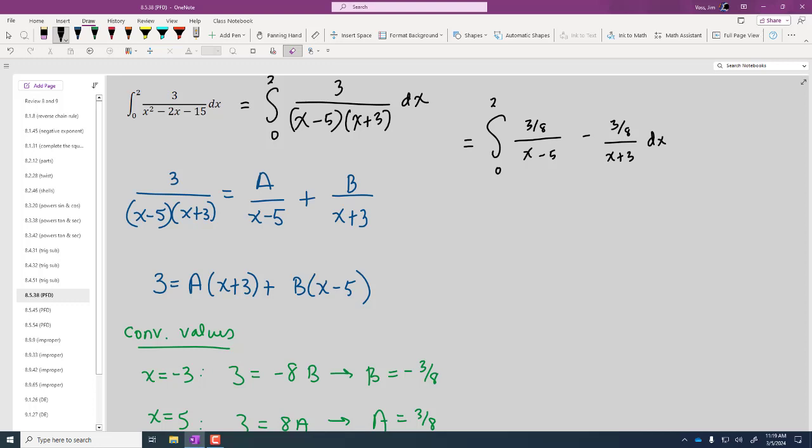And now we're golden. Those are both logs, right? We know the integral of 1 over x. Well, these are just shifted, and that's not hard. So this is 3/8 natural log, absolute value, x minus 5, minus 3/8 natural log, absolute value, x plus 3, from 0 to 2.